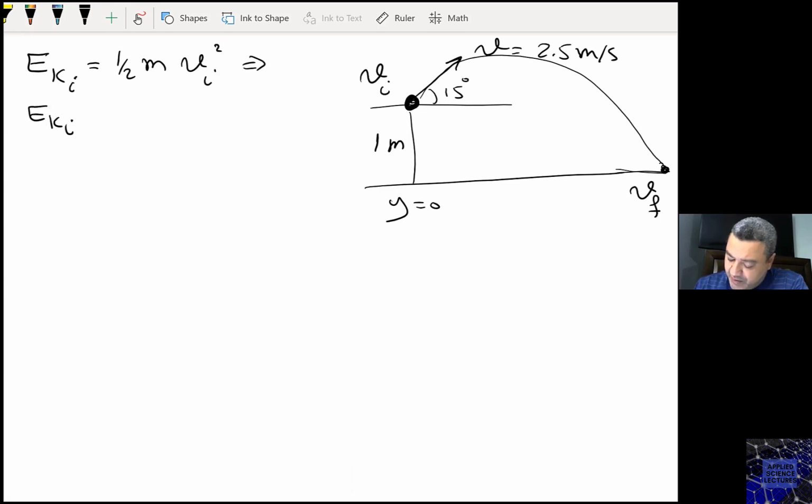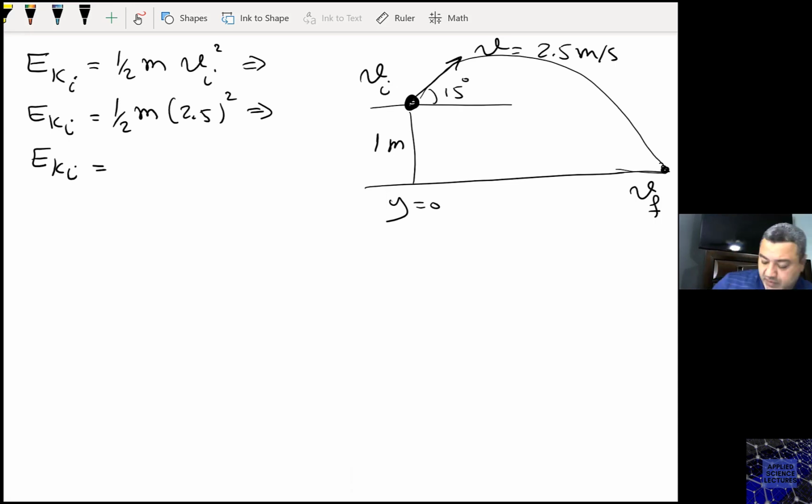So EKI is half m 2.5 squared. EKI is 3.125 m.